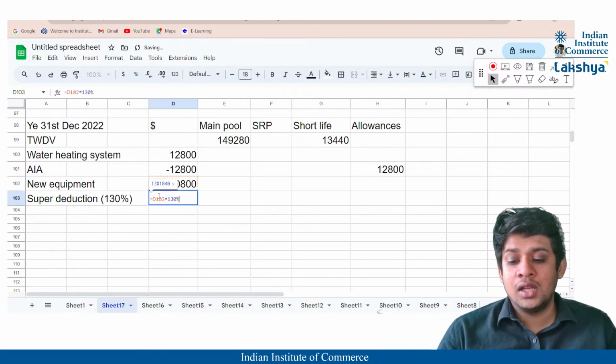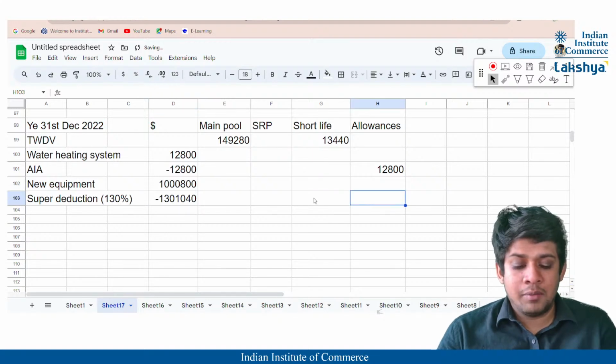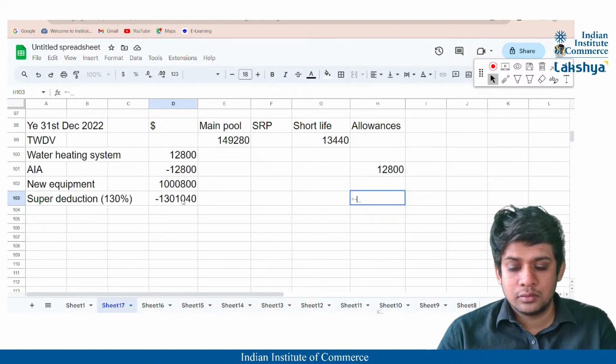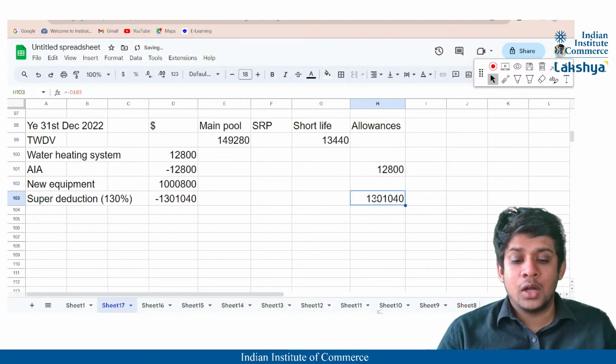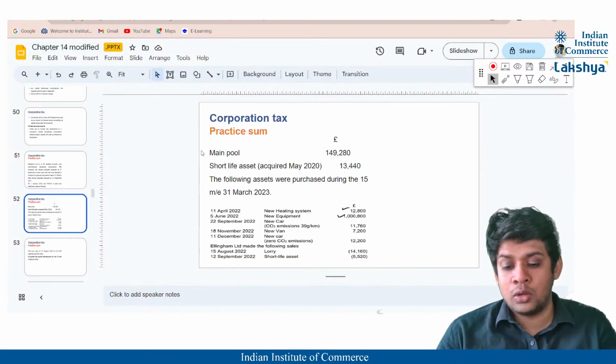That will give me 2,340,000, and that will be my allowance also, right? So my allowances will be added here, and obviously nothing will be going to my main pool.